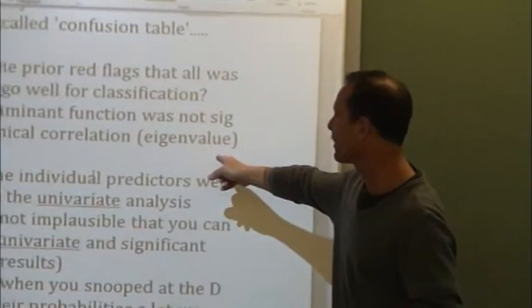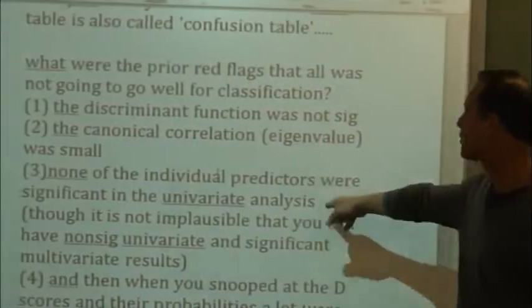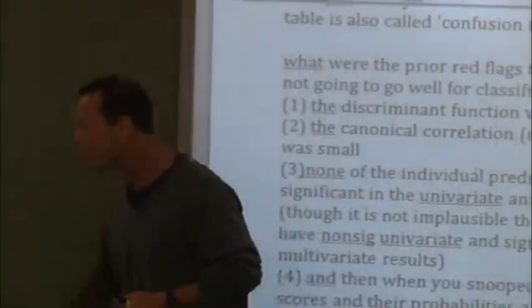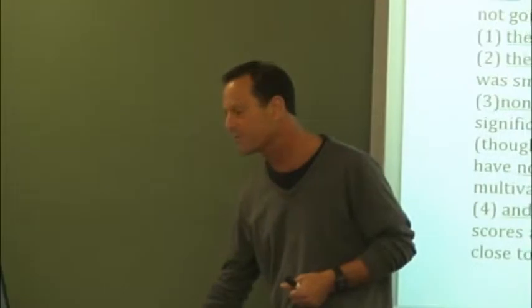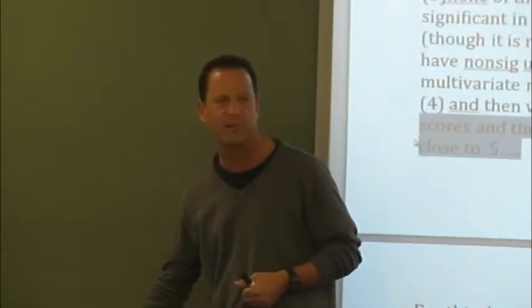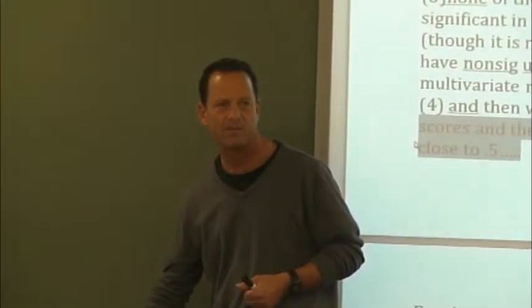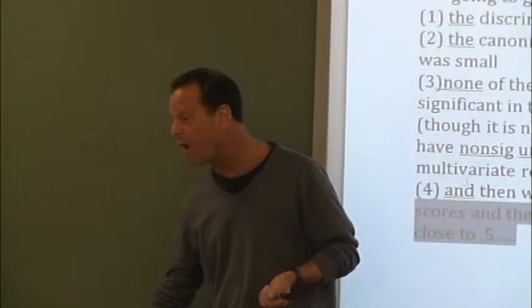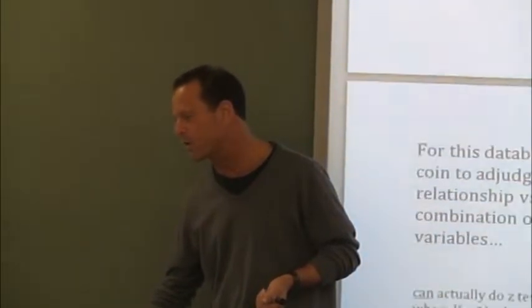The canonical correlation was small. None of the individual predictors were significant in the univariate analysis, though it is not implausible to have non-significant univariate but significant multivariate results. And when you snooped at the d-scores, the probabilities, a lot were close to what? For the individuals, 0.5. So right then you had all these signs that things were not going well.